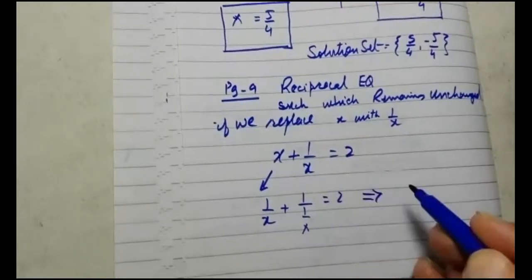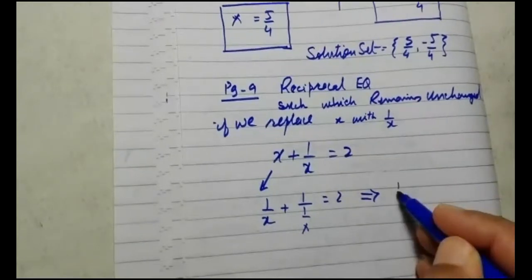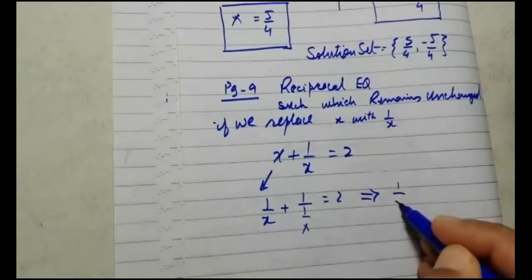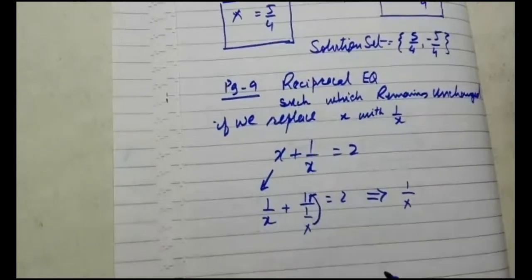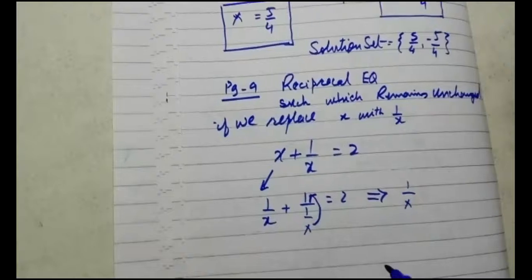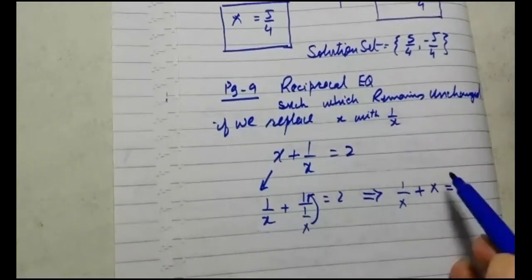It will be 1 over x, and this 1 over x will be reciprocated and become x, and the equation would remain as it was in the beginning.